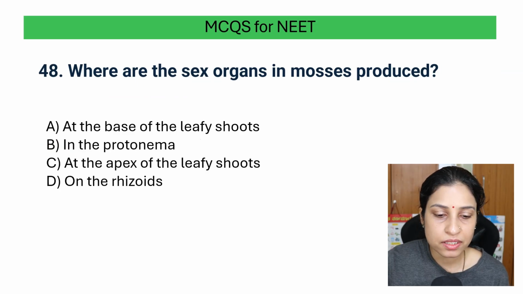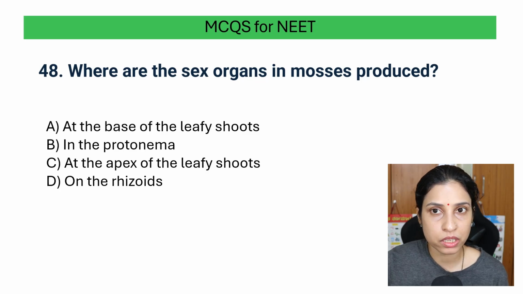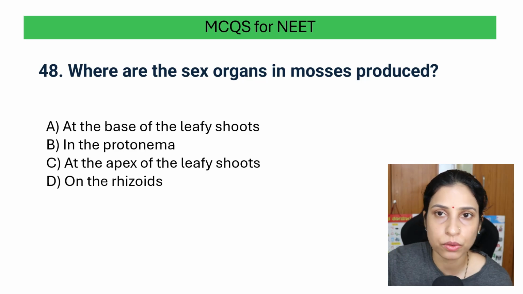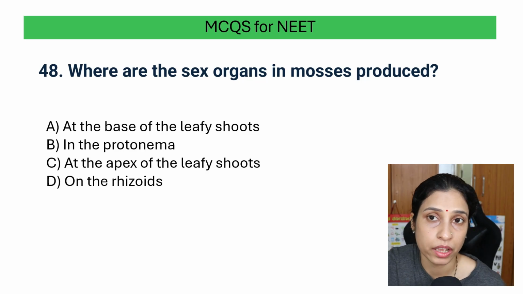Where are the sex organs in mosses produced? Where do we see the sex organs? At the base of the leafy shoot? In the protonema, there is no matter of sex organs. There is no sexual stage. In protonema only the vegetative or asexual phase is observed. Only in the leafy phase we observe the sexual gamete formation.